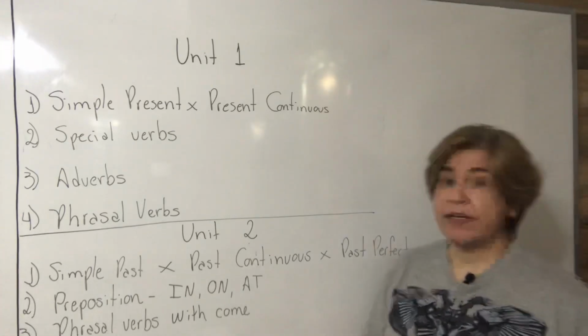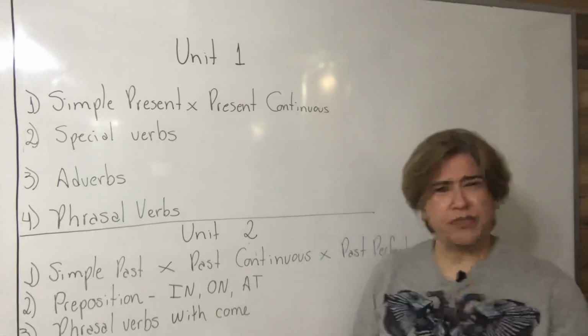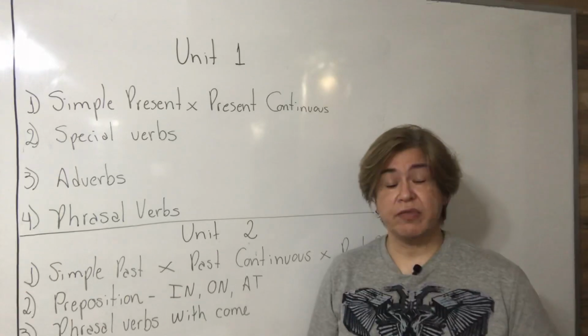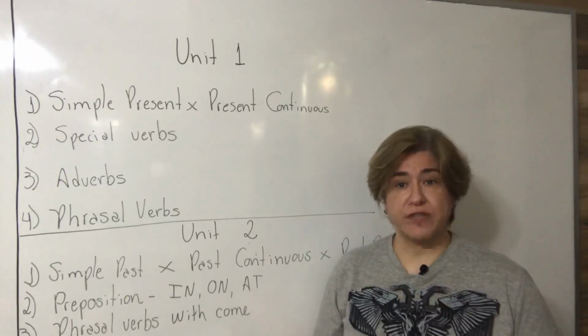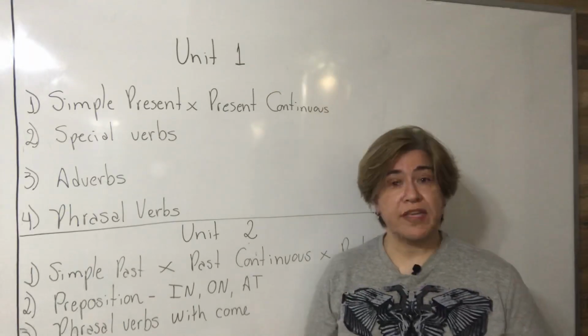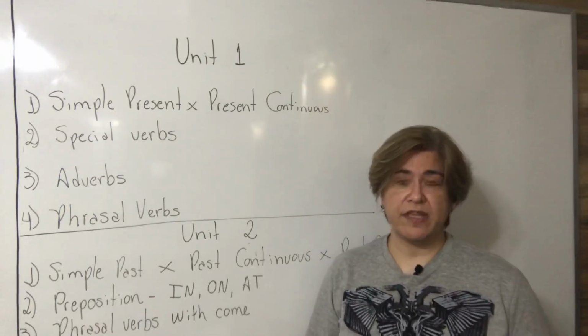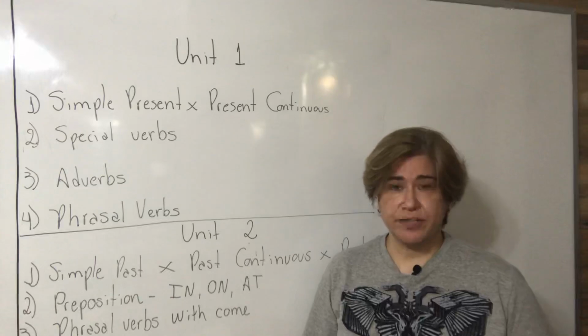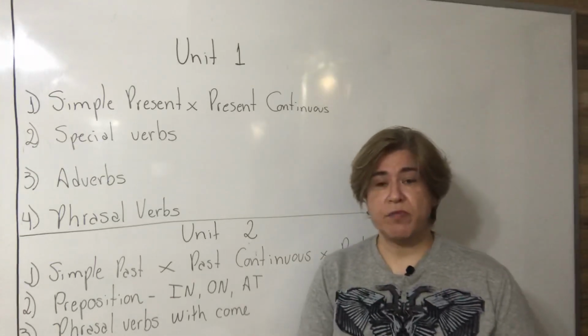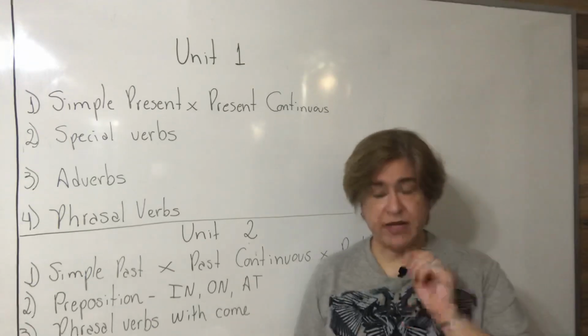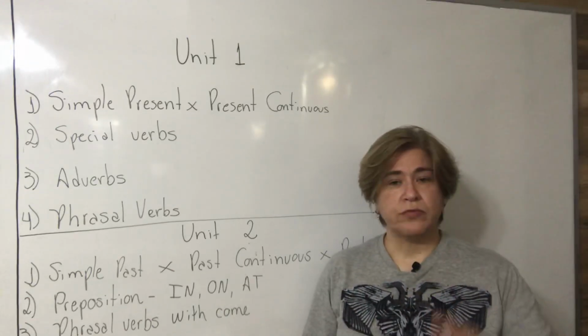Okay. Special verbs. On page 2 from your intermediate grammar material, you must study those special verbs such as the verb think. When the verb think indicates meditation, it can be used in either simple present or present continuous. Example: do not speak.